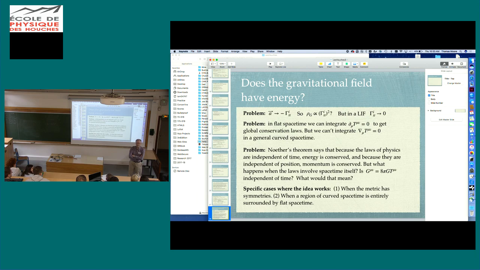And the Penrose process really is a valid physical process, and it really does extract energy in this sense, because we're surrounding that rotating black hole with an asymptotically flat space-time.